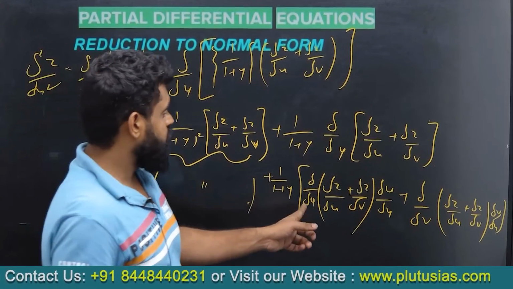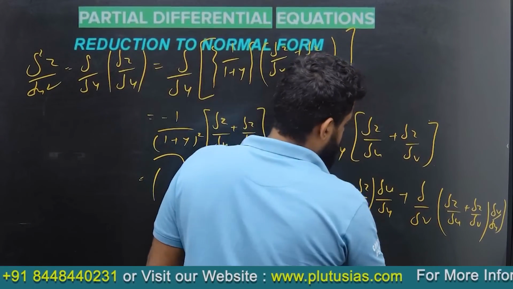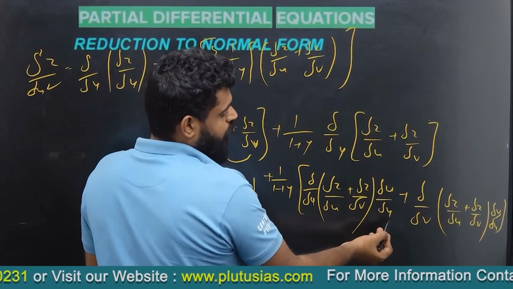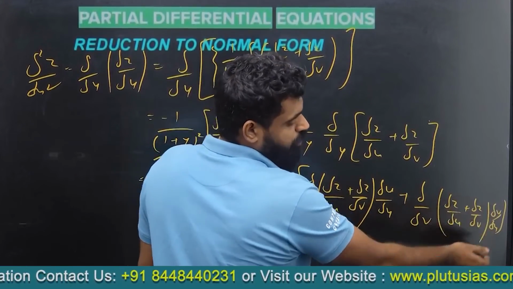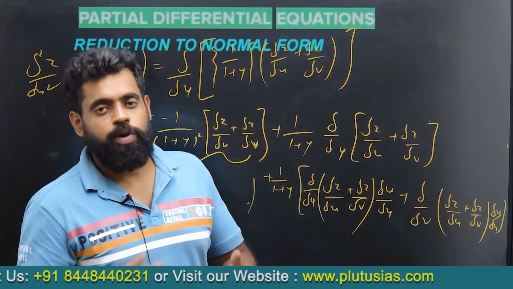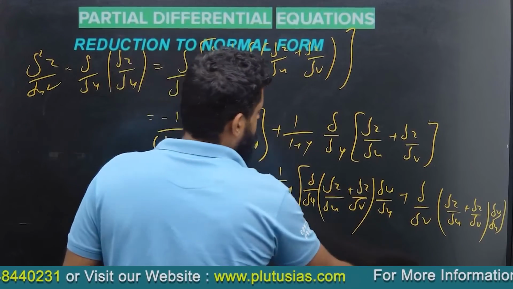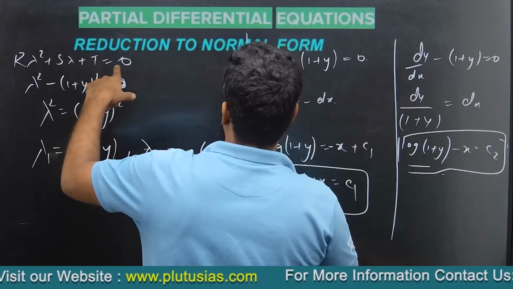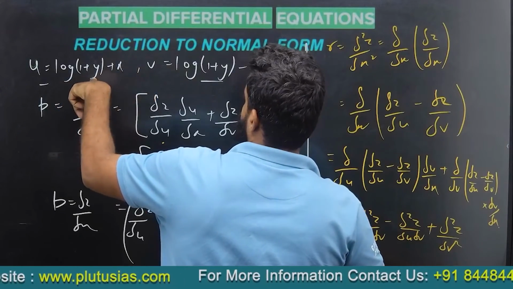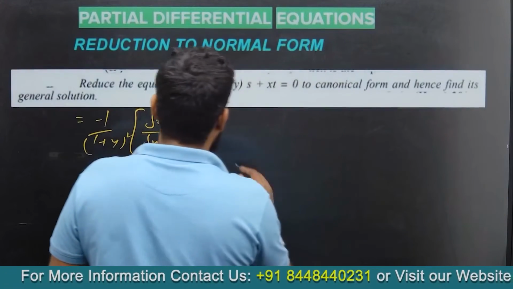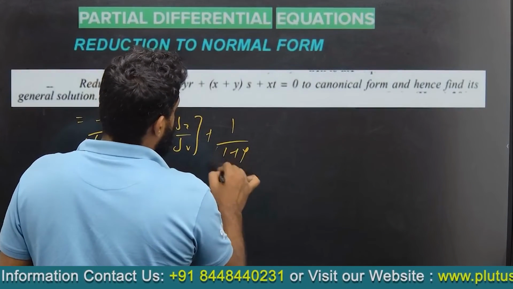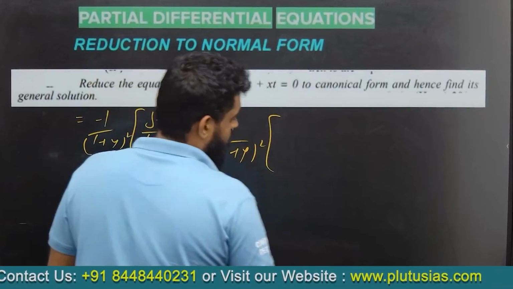For this case it is easy to differentiate, and ∂u/∂y is 1 upon (1 + y), and ∂v/∂y is again 1 upon (1 + y), since we have u as log of (1 + y) and v as log of the other function. So what can we do? We can take that common, and this would be again squared.